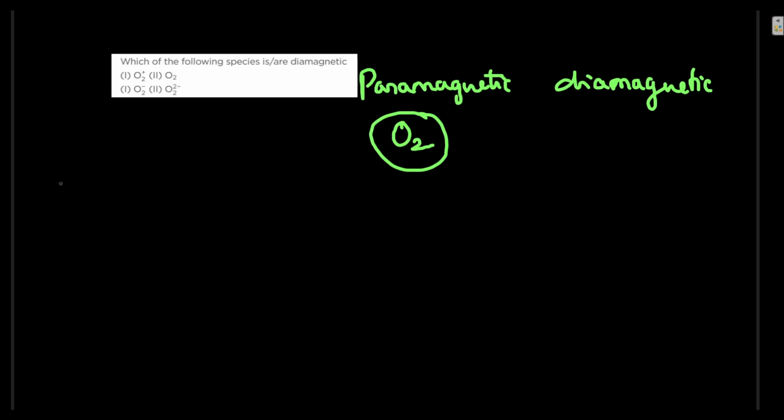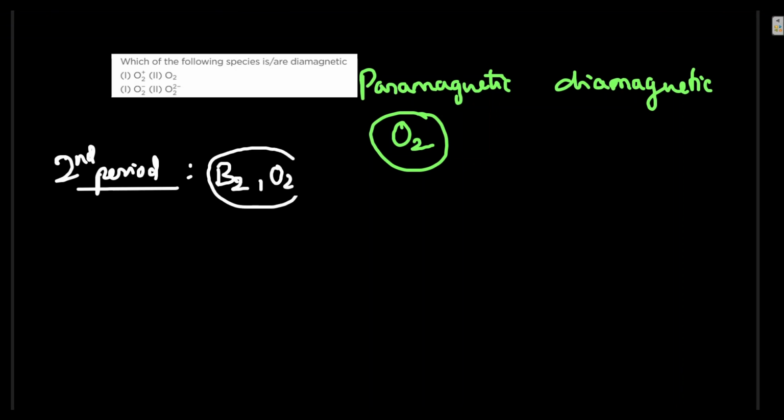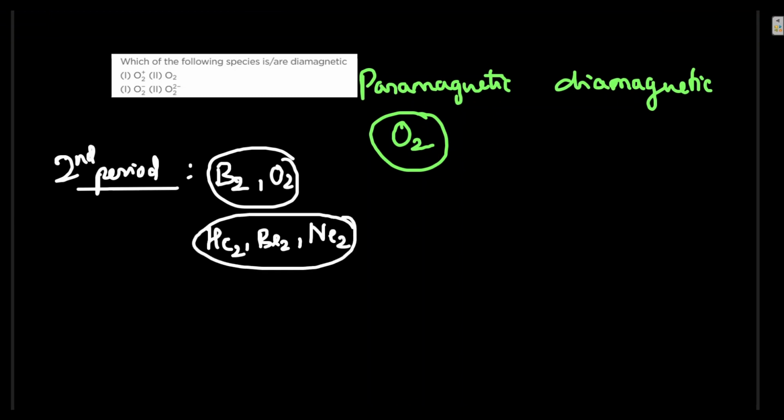In the second period elements, only two are paramagnetic: boron and oxygen. There are some molecules which do not exist, like He2 and Be2. Also, noble gases do not form molecules. So these do not exist.